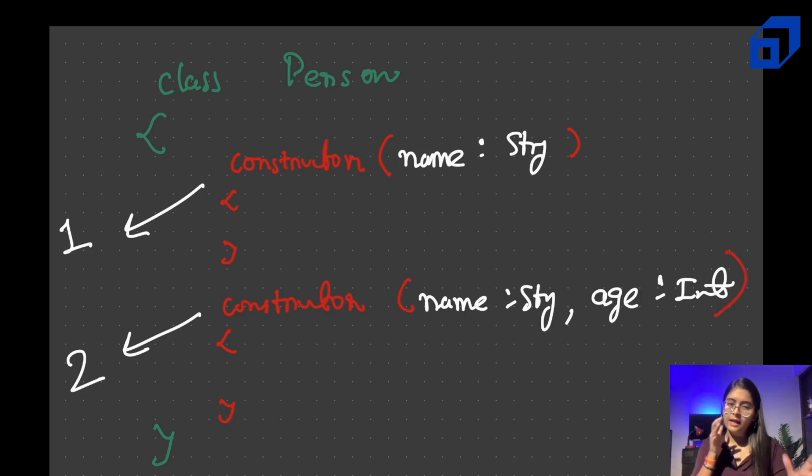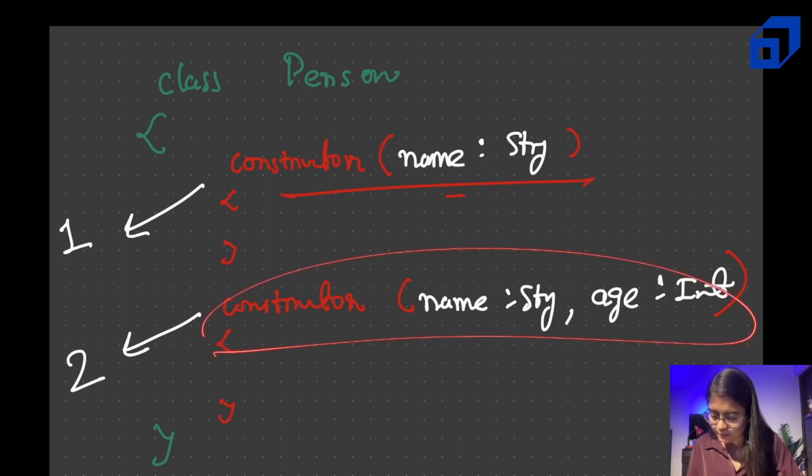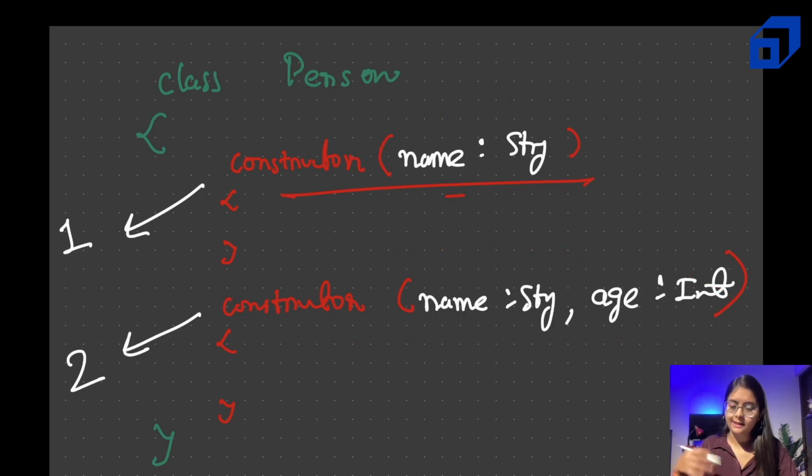So I have a class Person here, and inside the class Person I have two constructors. The first one has one parameter, and the second secondary constructor has two parameters, two variables.